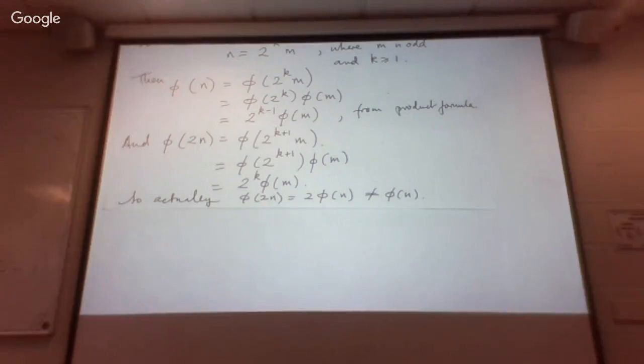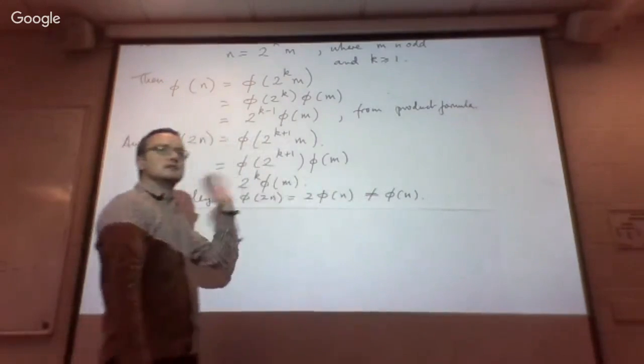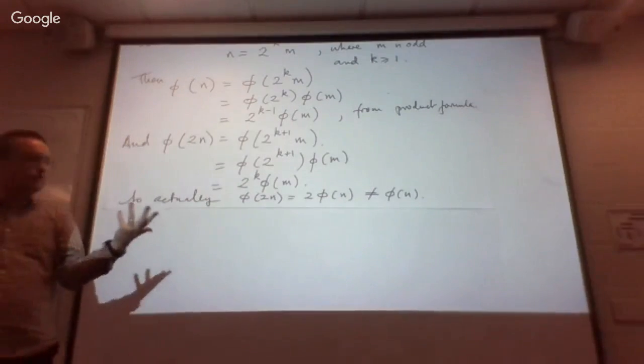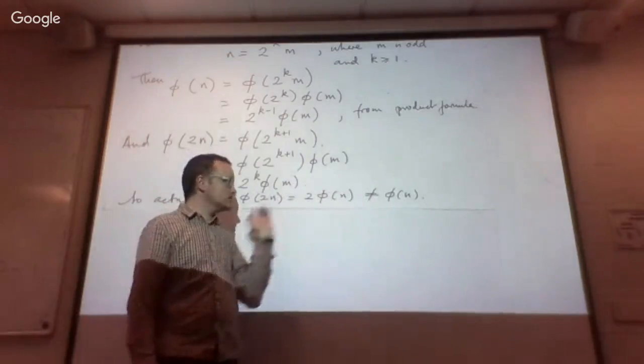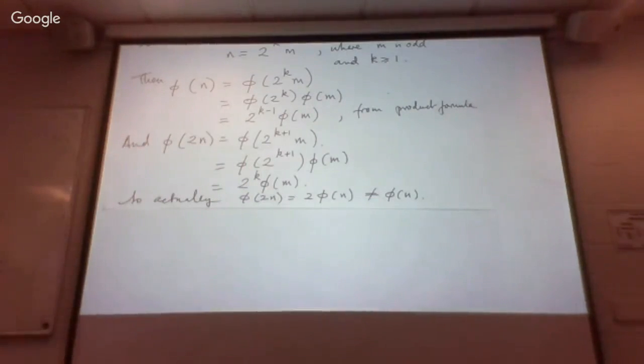Okay. So when we assumed n is even, that proves the equation is not true. So therefore, contrapositive, we've proved that if the equation is true, if phi of 2n is equal to phi of n, then n must be odd.